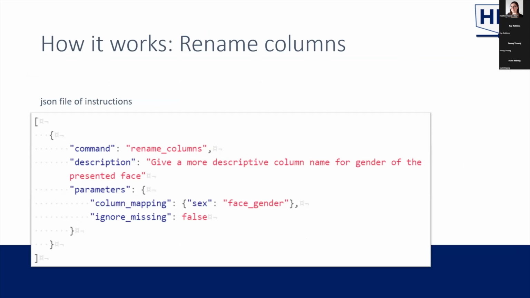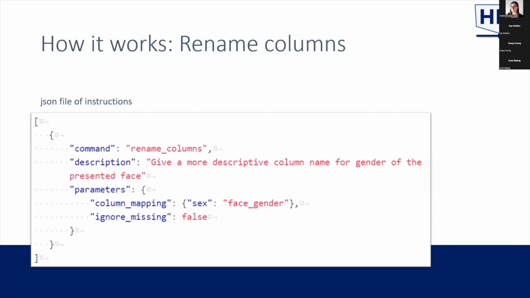So what you see here is the basic syntax of the JSON instruction file that you can feed into the remodeler. And it's basically a list of dictionaries, and every dictionary can contain a command. So in this case, we have only one dictionary. We're going to run one command, which is the rename columns command.